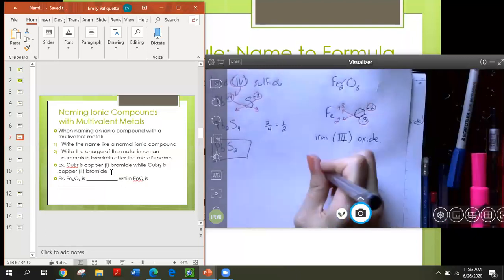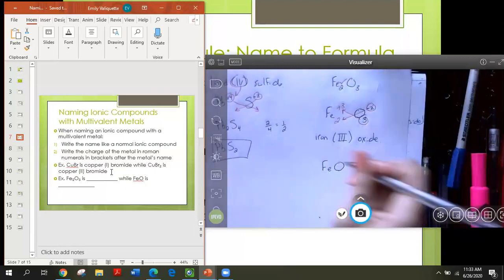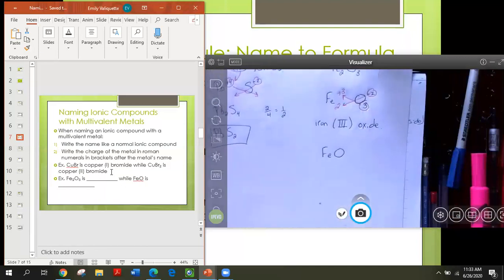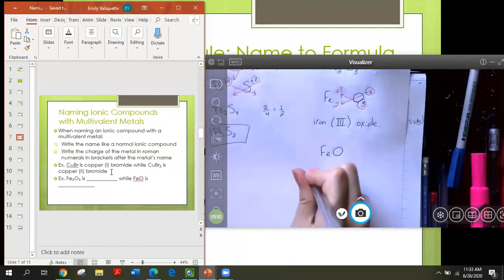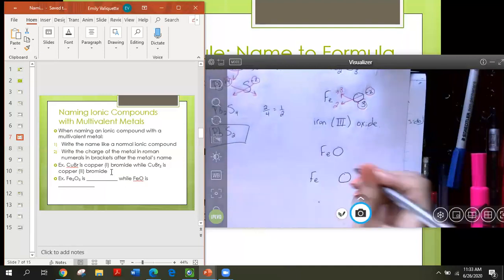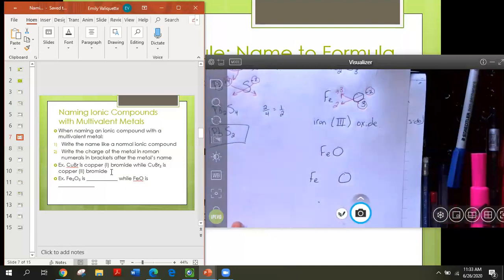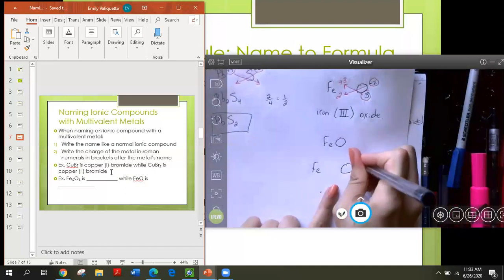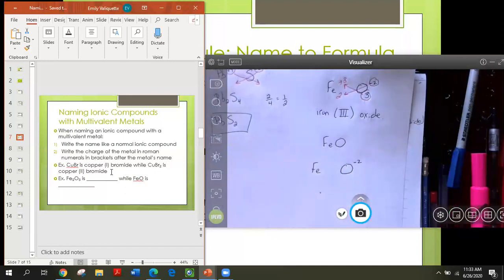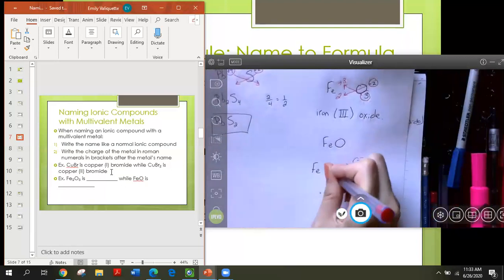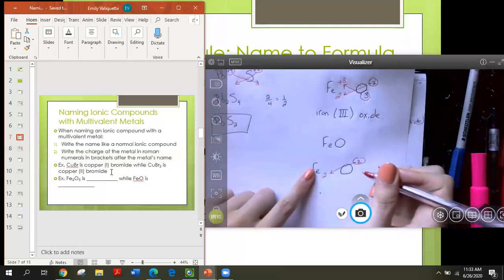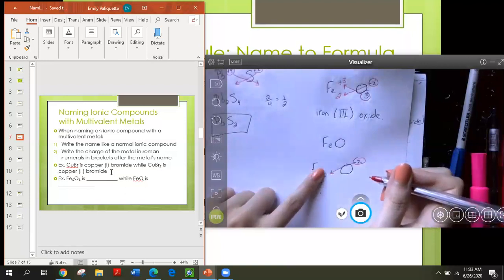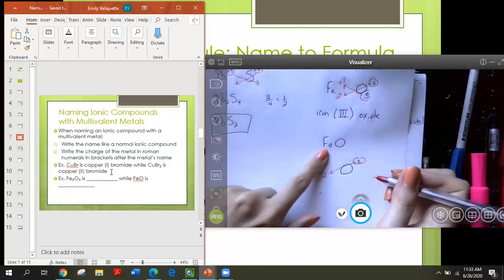Let's try it with FeO instead. So this one's a little trickier. Again, I'm going to start by just writing my Fe and my O. And then again, I start with the thing I know the charge of, which is the oxygen. So I know oxygen has a charge of -2. And that charge should cross over and give me 2 iron. And yet, as you can see in the original here, I don't have 2 iron.